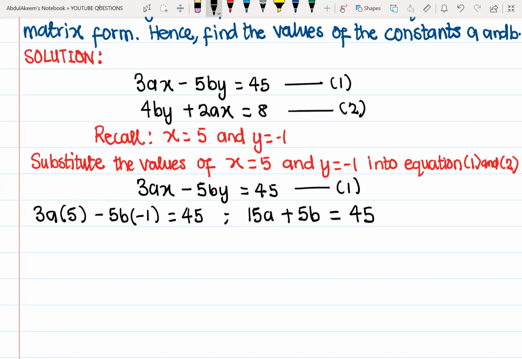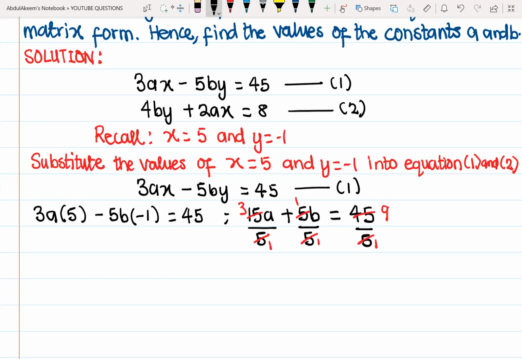For all the coefficients here, there's something common. What is common? 5. So let me divide through by 5. 5 into 15 is 3, 5 into 5 is 1, 5 into 45 is 9.